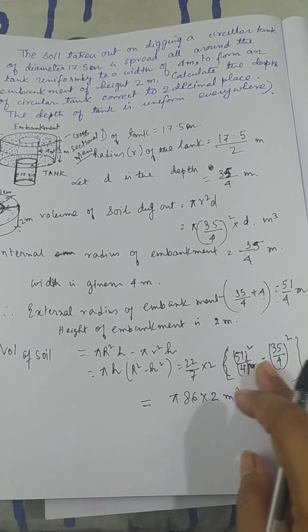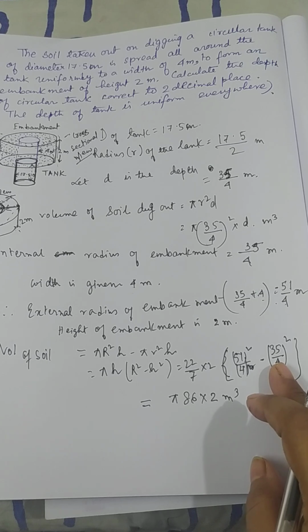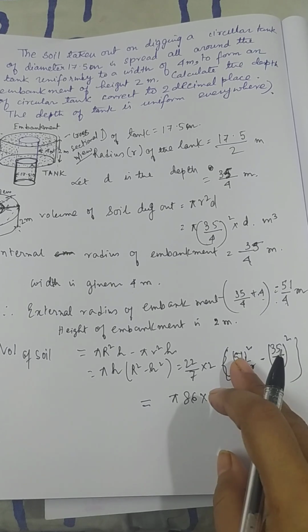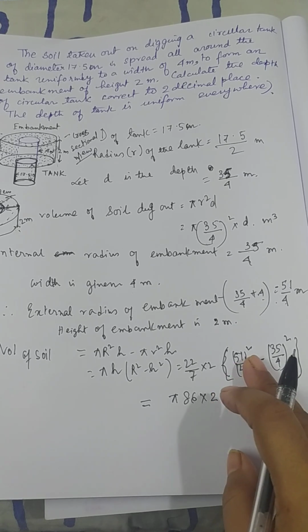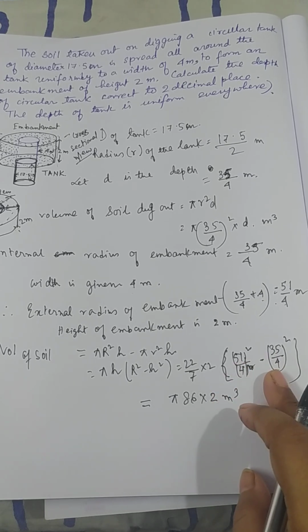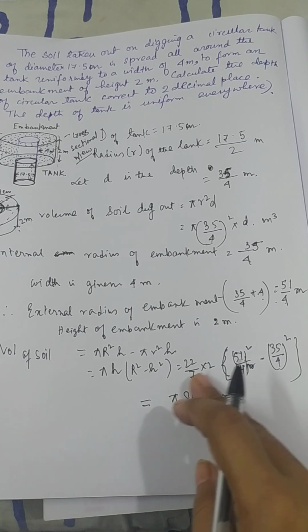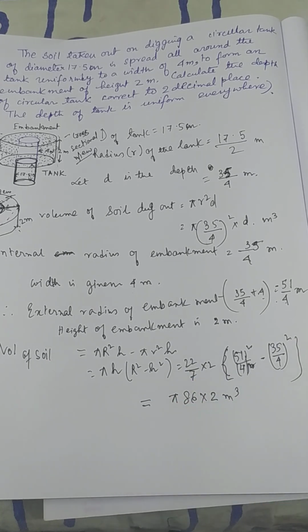So a square minus b square format is a plus b into a minus b. So 51 by 4 plus 35 by 4 into 51 by 4 minus 35 by 4, right? Then you can easily make this expression. I am not going through the calculation itself because it will take unnecessary time, right?